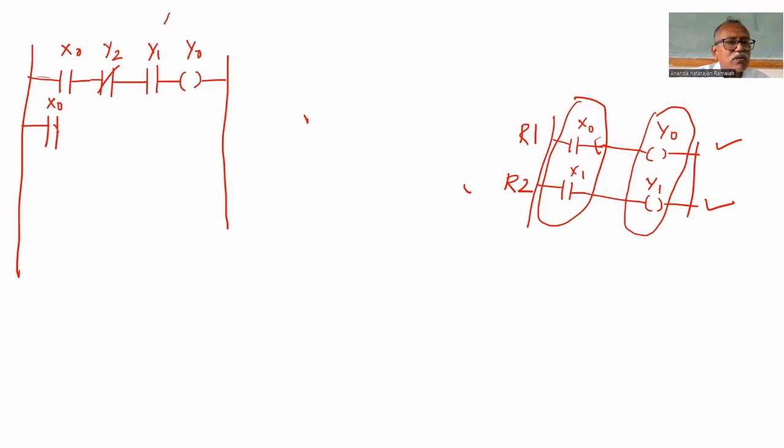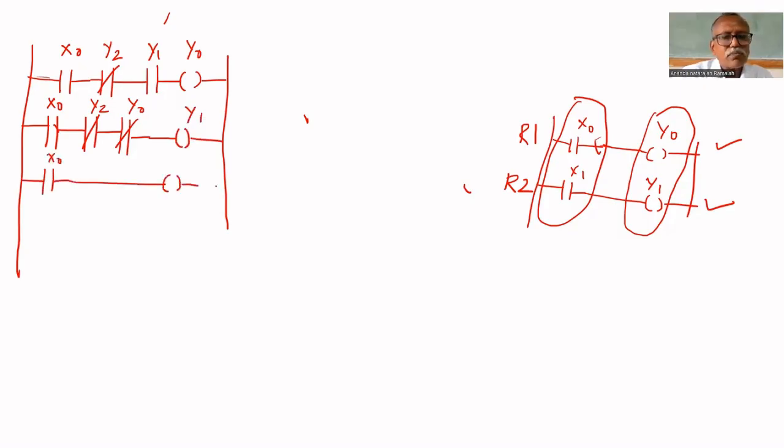X0 is the input. Here Y2 is normally closed, Y0 also normally closed, and Y1. Then the third rung again consists of X0 and Y2.